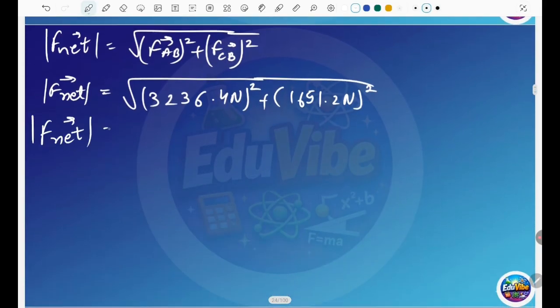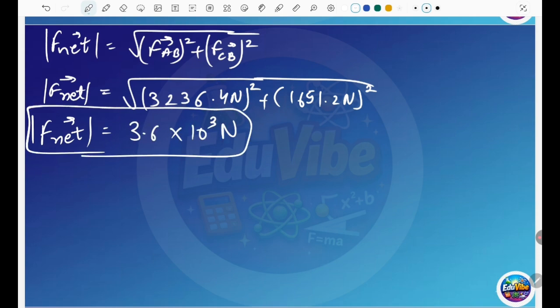So the net one is equal to 3.6 times 10 raised to power 3 newtons. We find the magnitude of the net force.